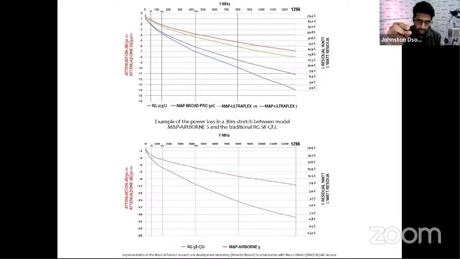But in the RG58, the red line, at 430, you're getting approximately a -6 dB loss. It's pretty much 2 dB more, and 2 dB is a lot when it comes to RF. That is more than the permissible loss, so you would have to add an amplifier. So this is just an example to show you the differences.